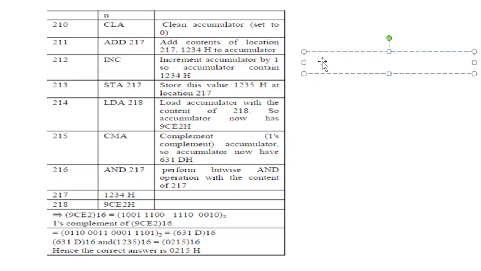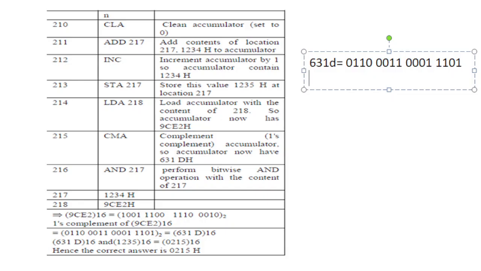See the value of 631D in binary. The value of 6 is 0110, 3 is 0011, 1 is 0001, and the value of D is 1101.